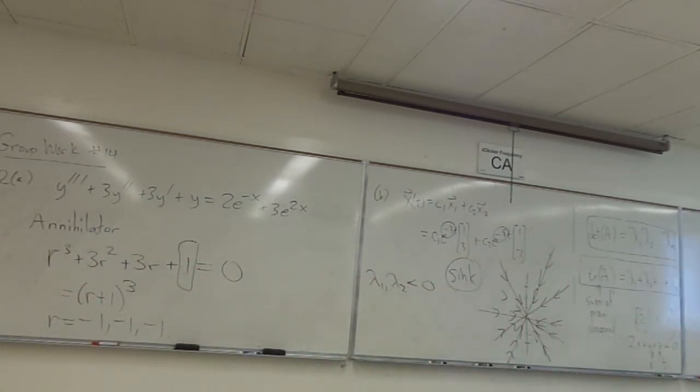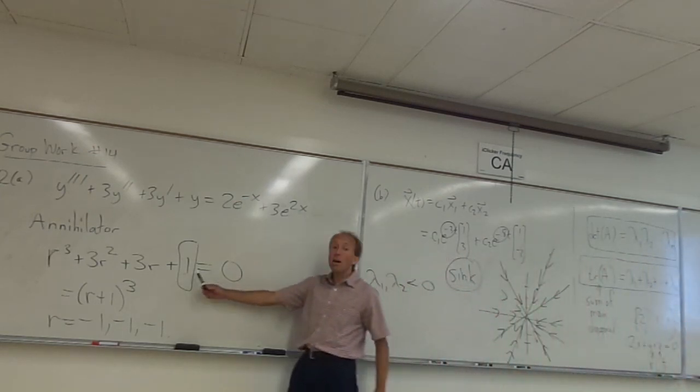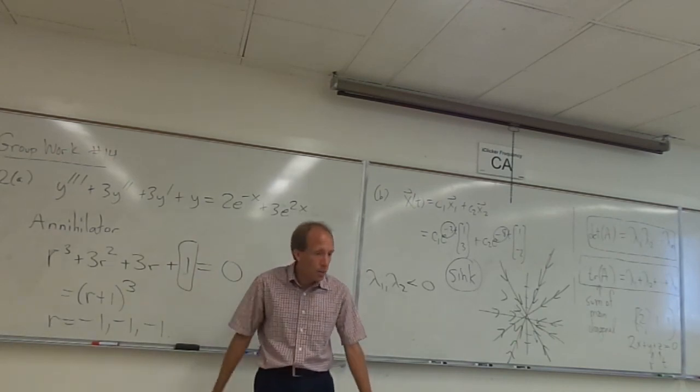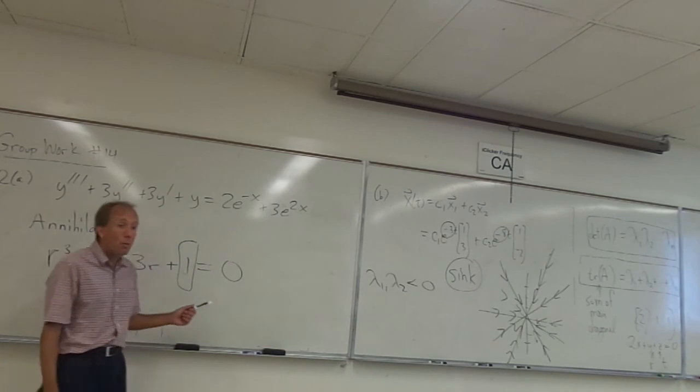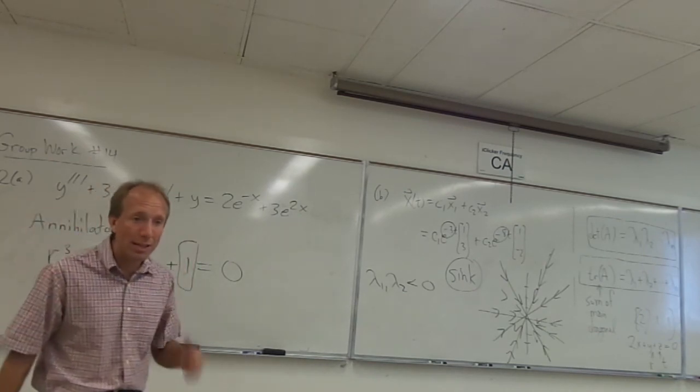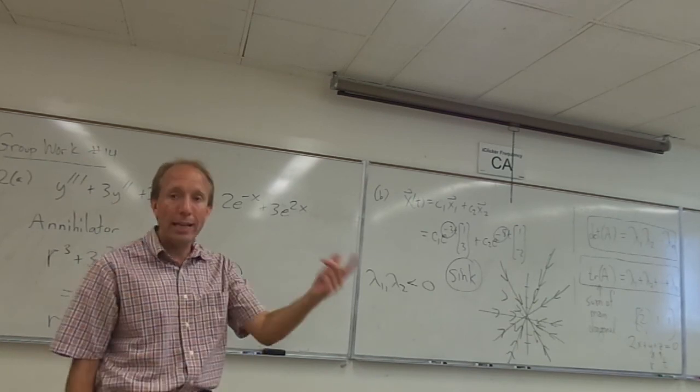So you're not fumbling around in the dark looking for roots. The only choices are things that divide the constant term. That's actually a theorem from higher level math; 300 level math classes will talk about why that's true. The only candidates for the roots here are +1 and -1.